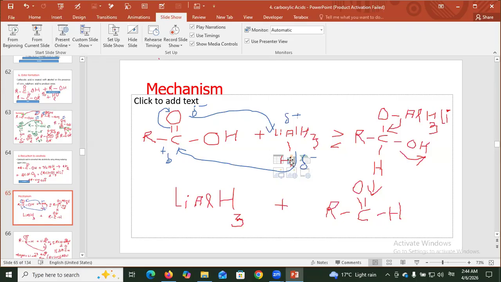So the hydrogen attacks this carbon, and this oxygen, delta minus, attacks the lithium. Again, this electron between oxygen and aluminum comes back to this carbon and removes this hydroxide and produces an aldehyde.